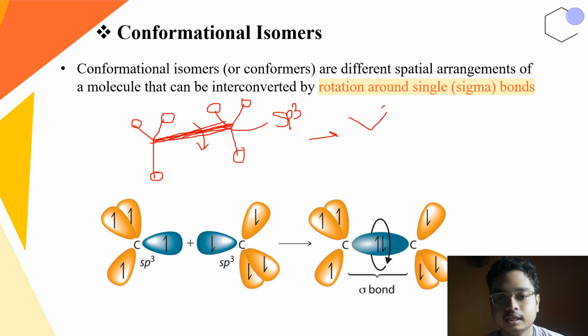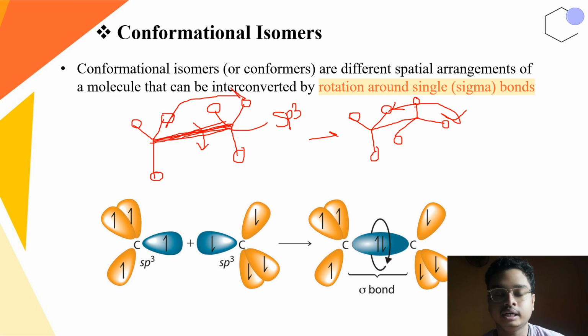It will be similar, but due to the rotation, this particular group's position is distorted. However, the absolute configuration is not changed here, but the spatial arrangement, or the relative arrangement of this group to this group, is now changed.